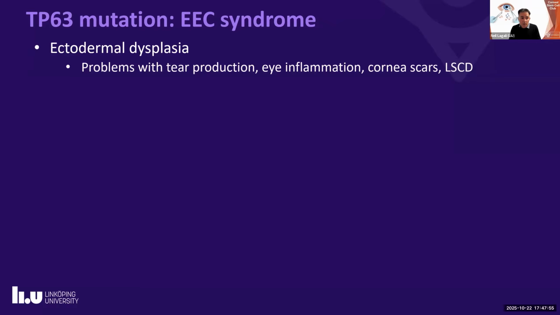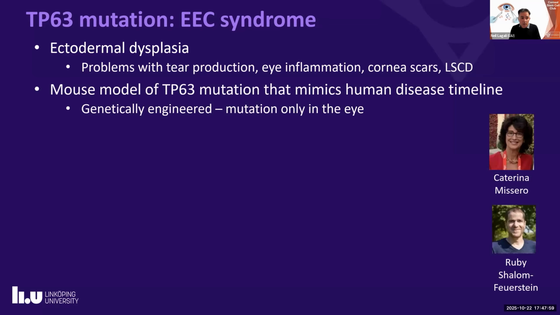So we also are using a mouse model of the TP63 mutation that mimics, again, the human disease. This was developed by Katerina Mikulic and then modified by Ruby Shalom-Feuerstein. It's genetically engineered so that the mutation does not occur in the skin, but just in the eye.